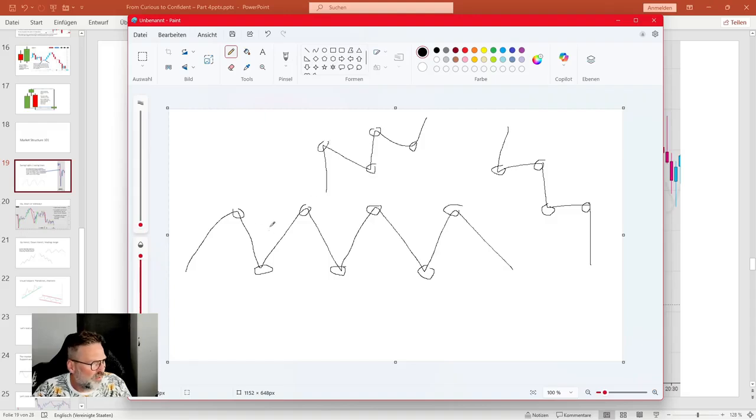And just relatively to where you look at them, they're either a swing high or a swing low. So this would be a swing high, this would be a swing low, swing high, swing low, swing high, swing low, swing high, and so on. Maybe, yeah, should be, didn't draw it nicely enough. So maybe like so. Okay, I get the point.